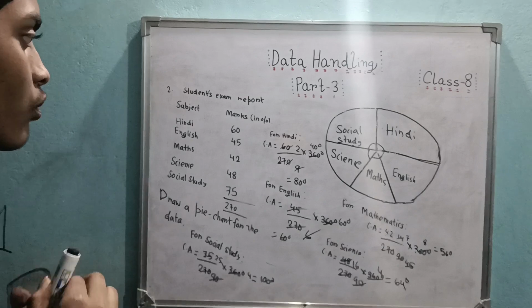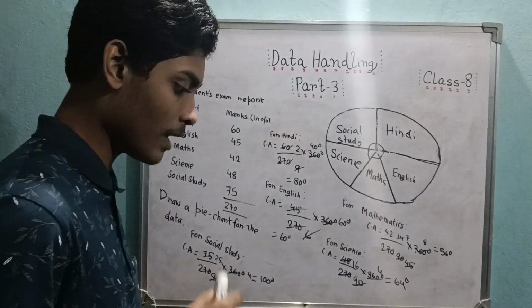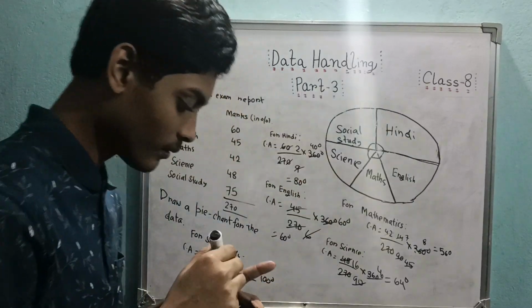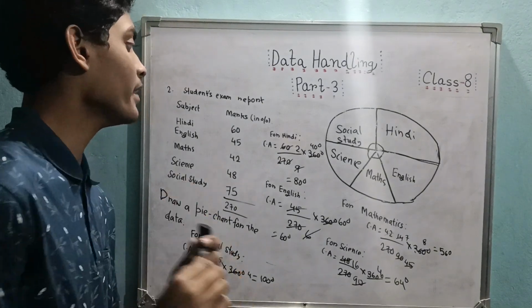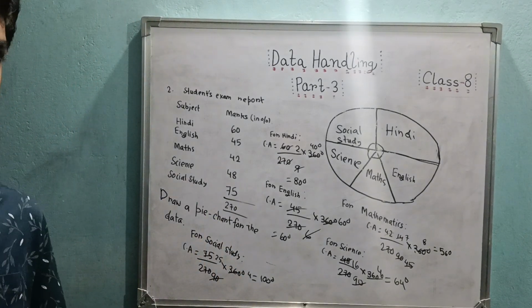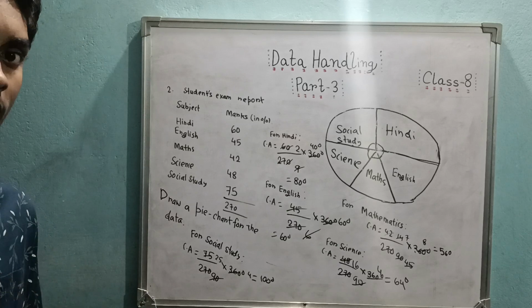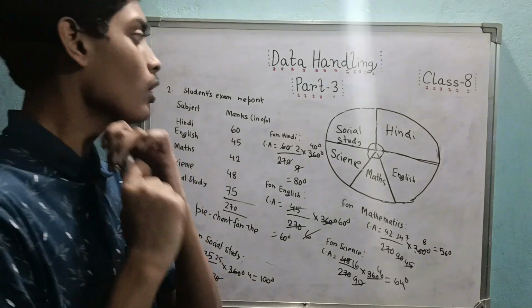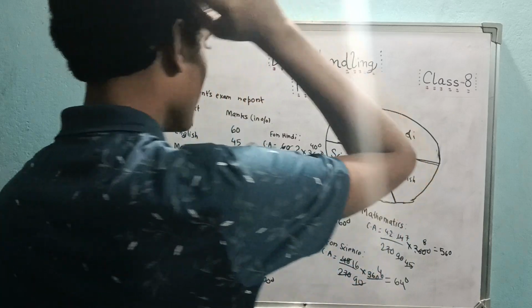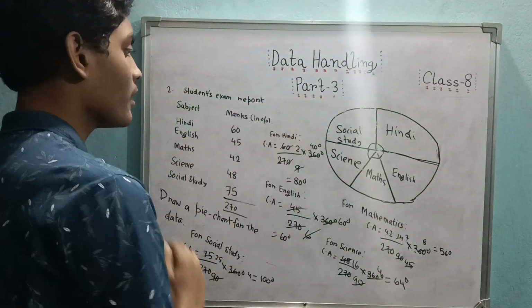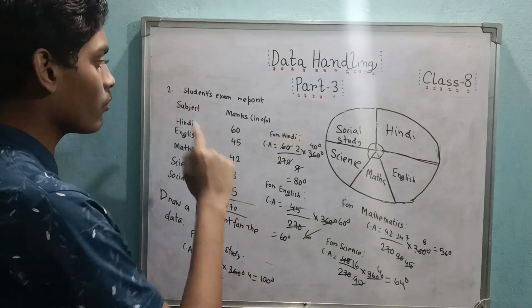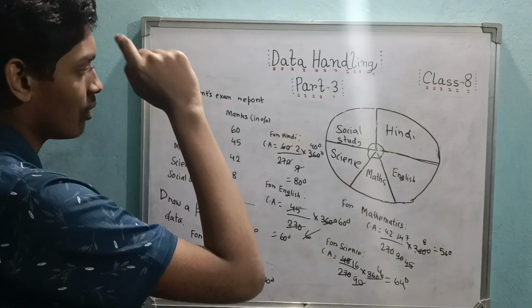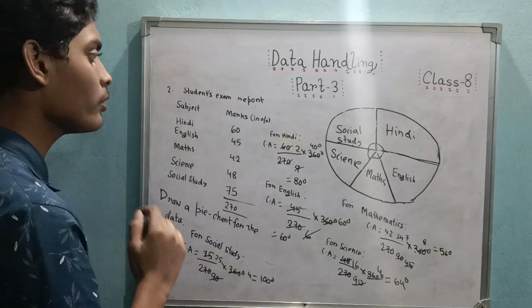Okay, so now let me summarize what we have learned today. A pie chart is a representation of the data and the frequencies in a circle through their respective proportions. We have to calculate the central angle of each data value with the help of the frequency.